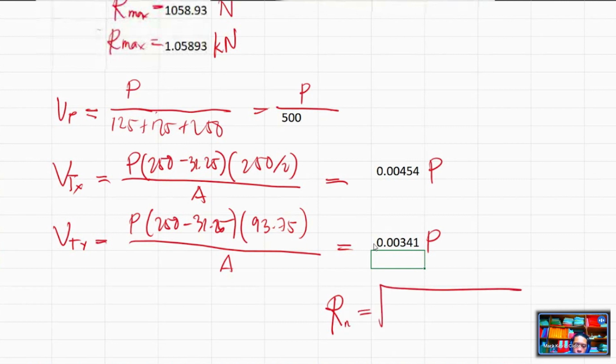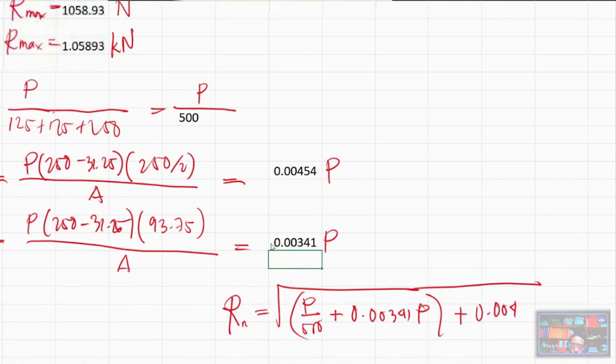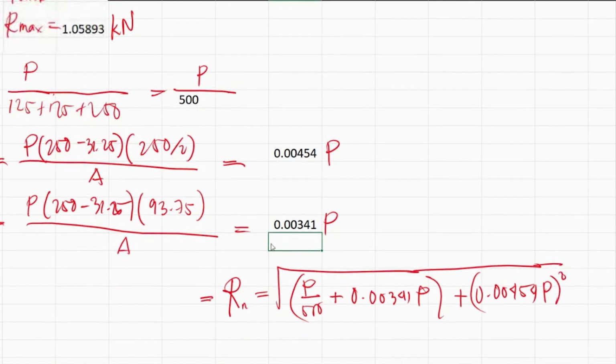Rn is equal to square root of the VP and VTX, VTY, they should be added together, di ba? P over 500 plus 0.00341 P plus, ang kanan X naman, that is 0.00454 P, squared.